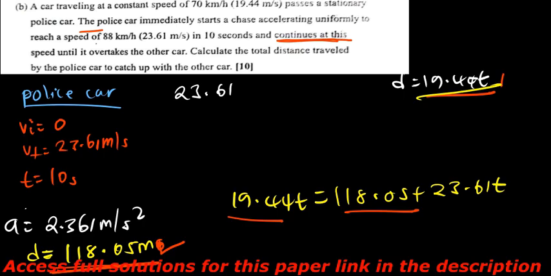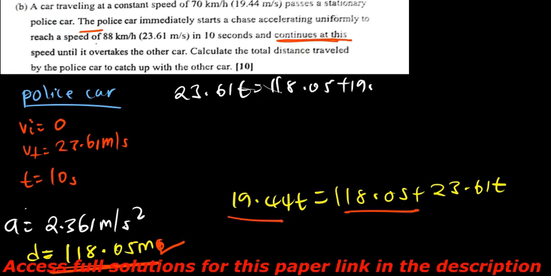I'm talking about 23.61t should be equal to 118.05 plus 19.44t. Now you can shift this to the other side to find the value of t.